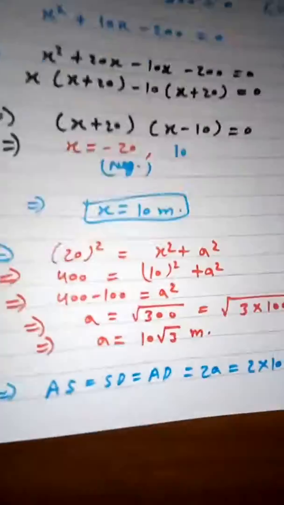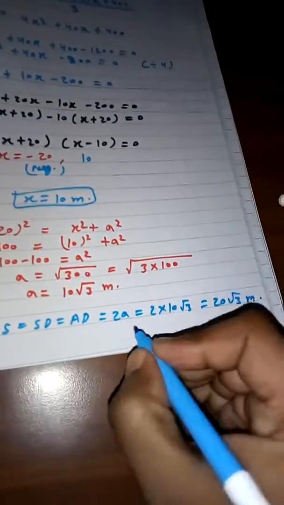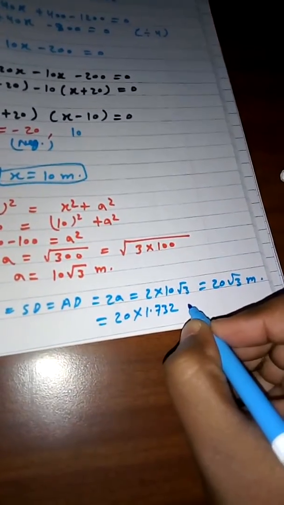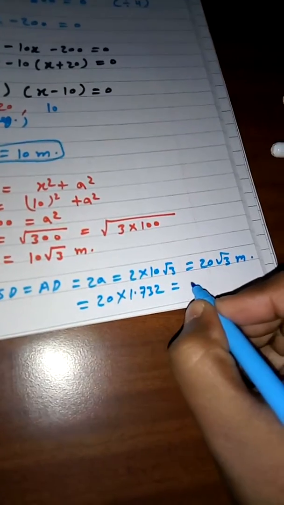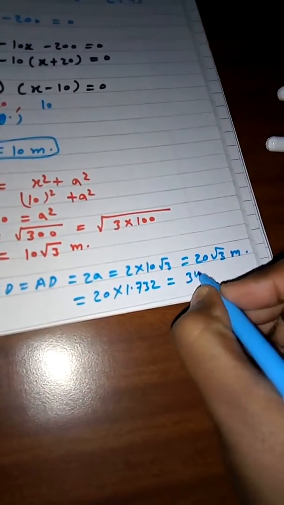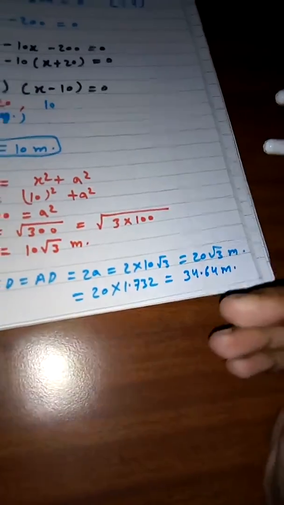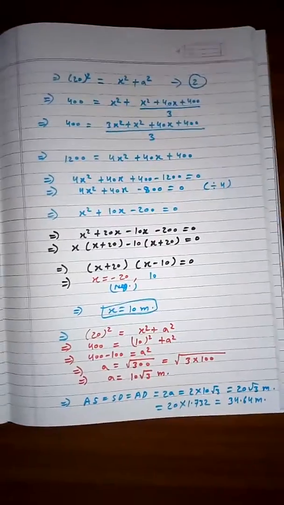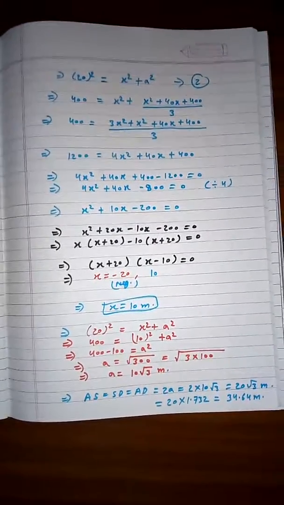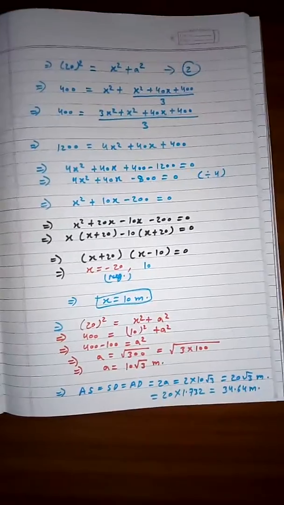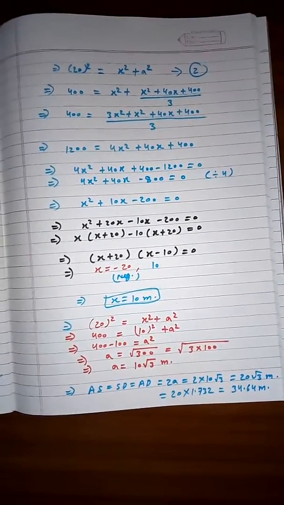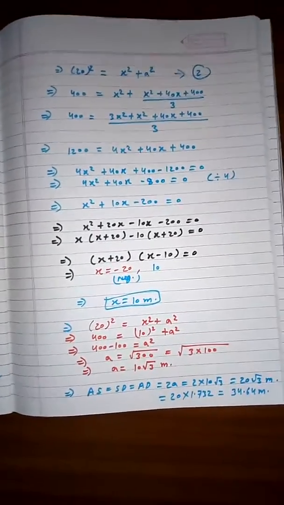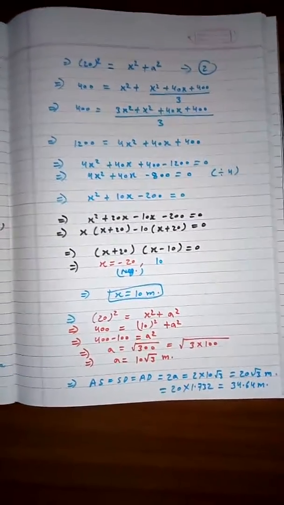We can further solve this by substituting the value of root 3, which is approximately 1.732, and it gives us the result 34.64 meters. So this is the final answer. The length of each string is 20 root 3 meters, or 34.64 meters if the value of root 3 is given. Otherwise this value is approximate and the answer is 20 root 3 meters.